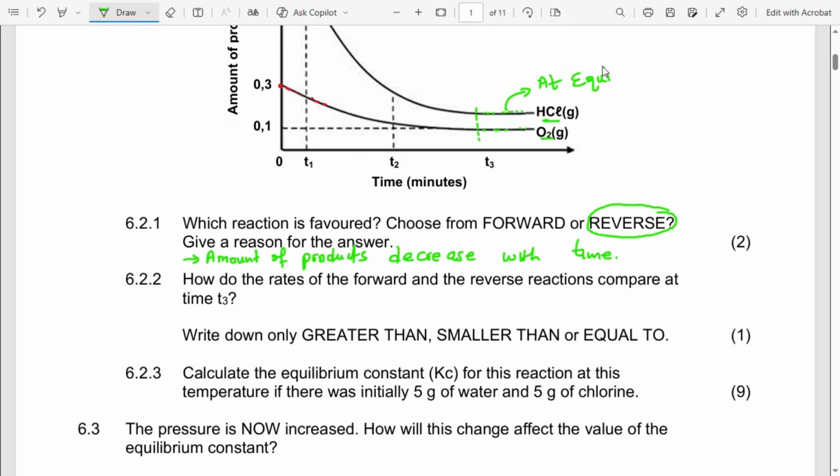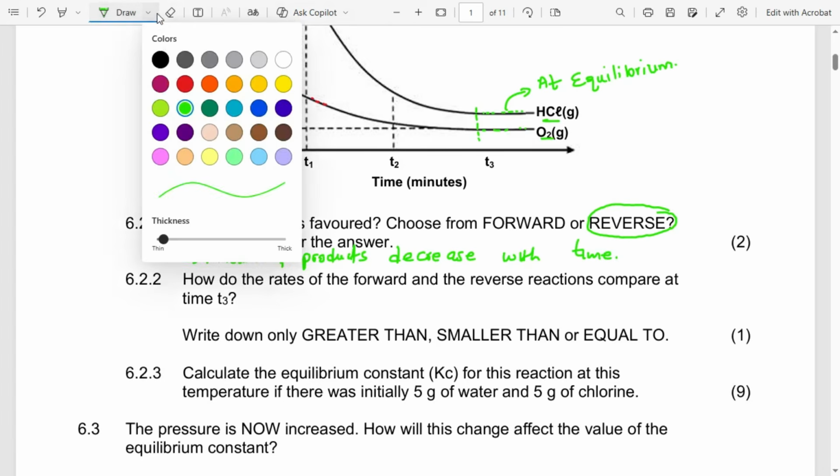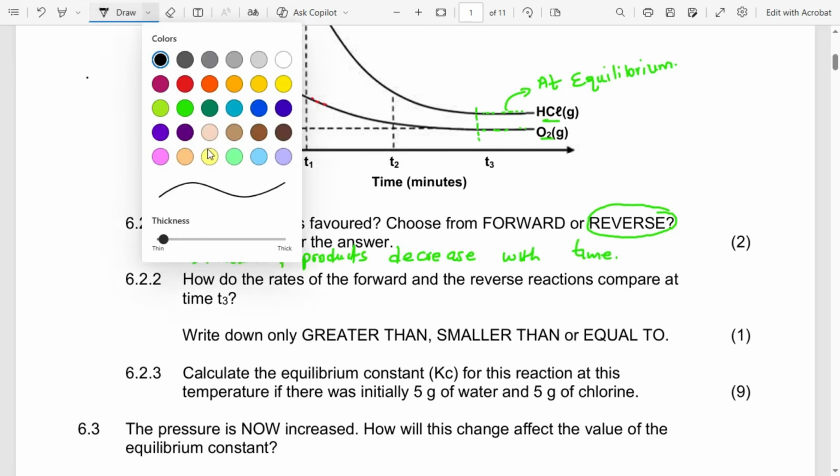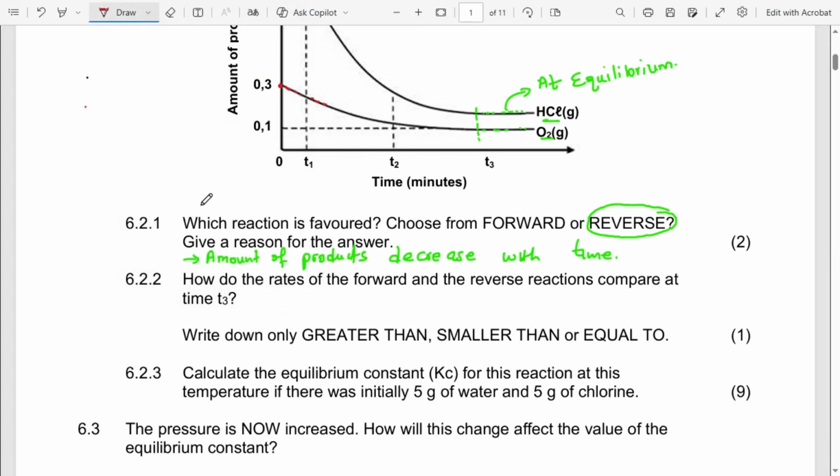Equilibrium is being reached. At equilibrium, we know that the rate of the forward reaction is equal to the rate of the reverse reaction. So the correct answer is equal, and they don't want you to give a reason for that. So we're just going to say the correct answer is equal.